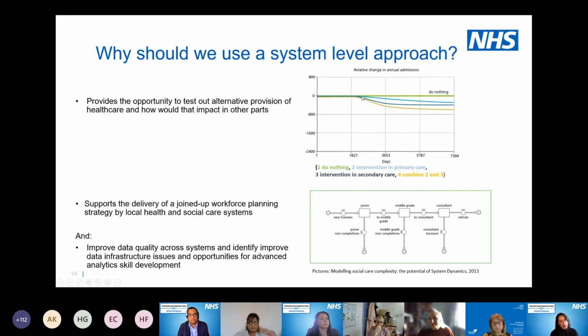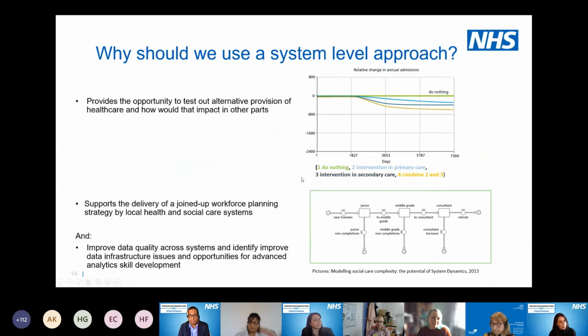You could then say, okay, I want to do an intervention in primary care. And as a system, you would need to decide what that intervention might do. You could do an intervention in secondary care, or you could combine 2 and 3. It allows you to play with those different variables, and you can see the cumulative output it will have on the numbers of patients that you see in the different stages.